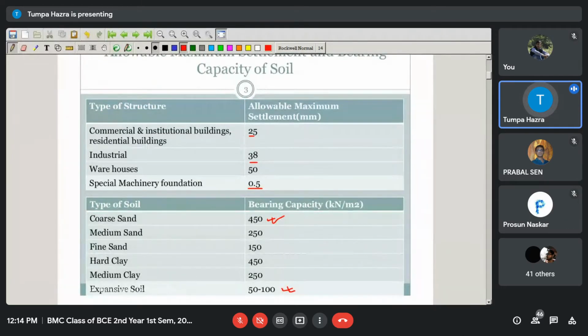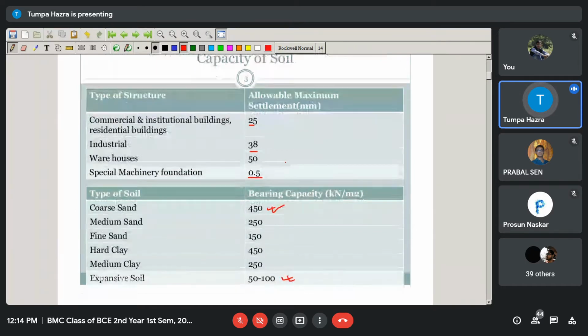So depending on the type of the soil, you have to design your foundation so that the load distributed by the foundation should be within this bearing capacity. And due to the load, there will be the settlement under the building, and that settlement should be equal and should be within the maximum permissible limit.